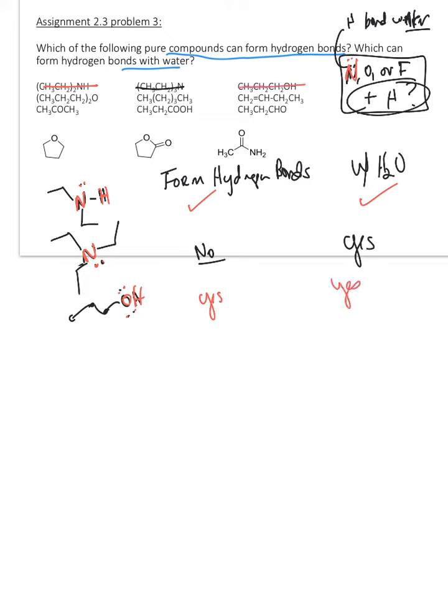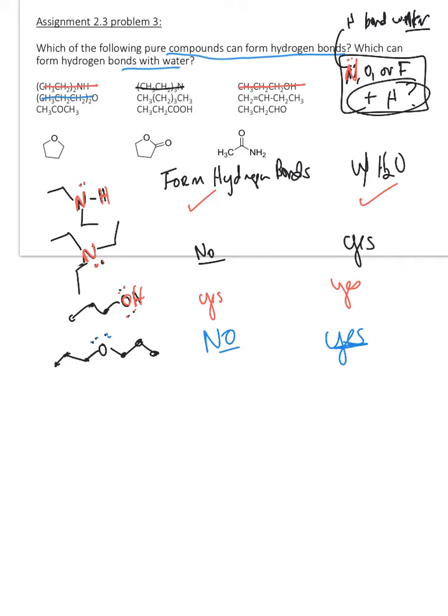Okay, the next one is ether. We just looked at that. And it does have an oxygen with lone pairs, so it can form hydrogen bonds with water, but it cannot form hydrogen bonds with itself because there's no hydrogen.